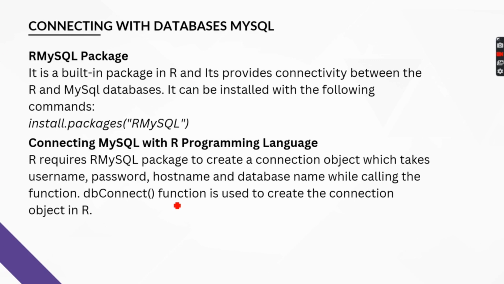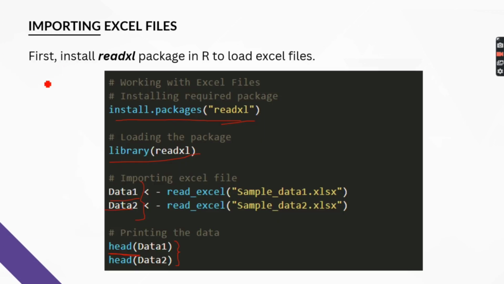Now we will understand how we can connect a MySQL database with R. You can connect databases with R like MySQL, Oracle, any type of database you want. But currently for simplicity, because most people have worked with MySQL, we are going to connect it with MySQL. That is very easy. You just need to install a package, same as with Excel where we needed to install the readxl package.